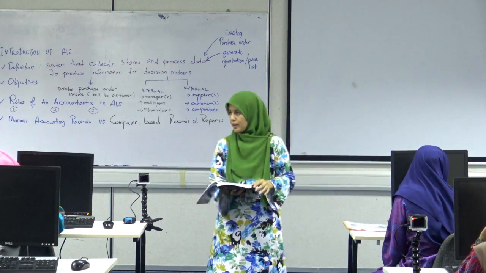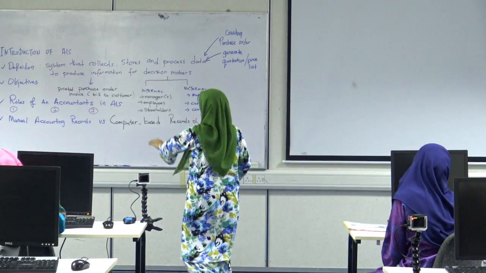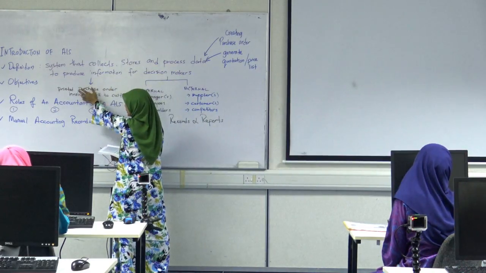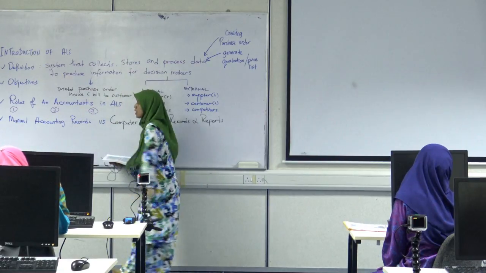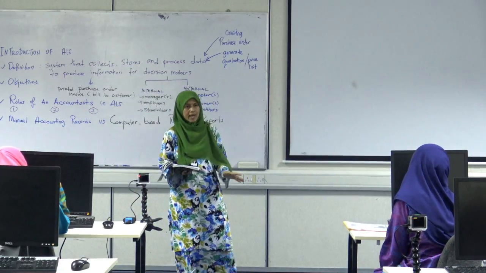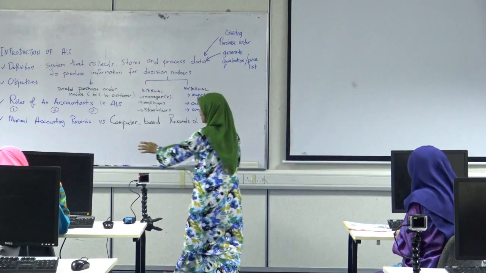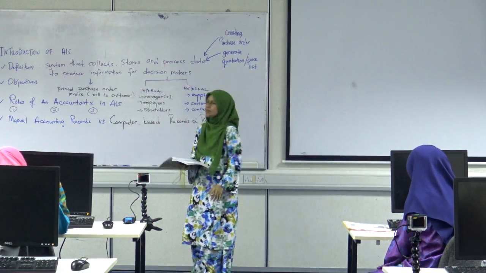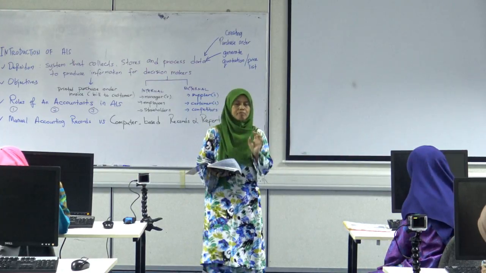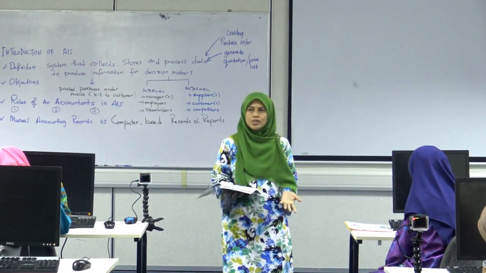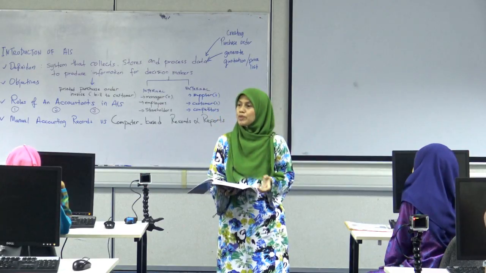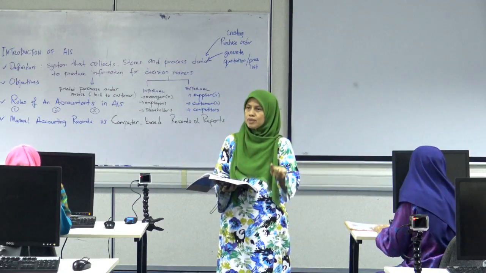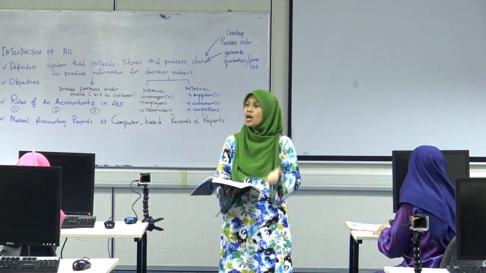Okay? So guys, we have done with definition, objective, and role of the accountant. For the last part, okay, we have a manual accounting record and computer-based accounting record. So the best example would be those that you have performed using the assignment chapter 1, chapter 2, chapter 3, chapter 4, chapter 5 and chapter 6 compared to those you learn in class.